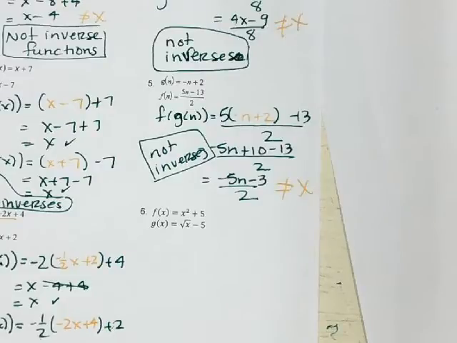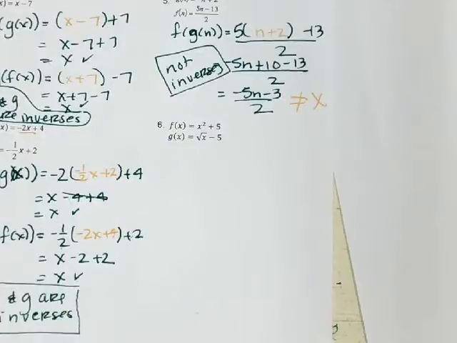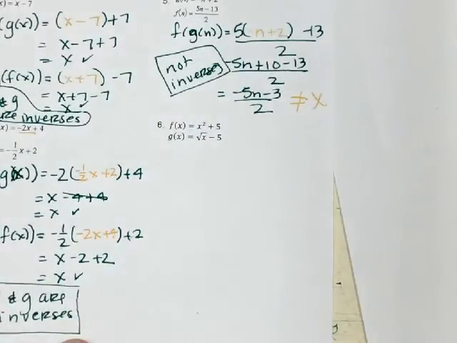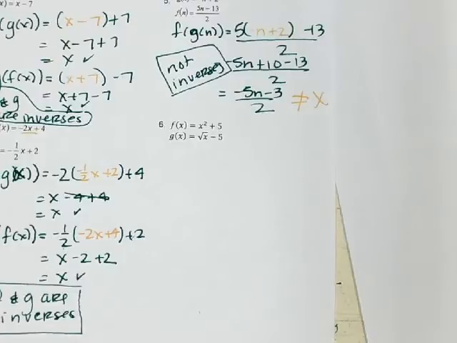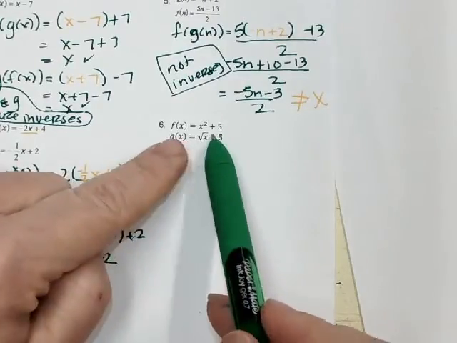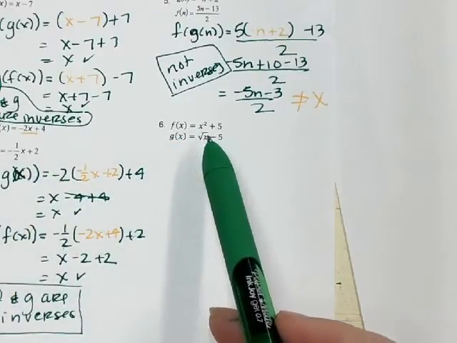And then the last one, number 6, I've got f of x is x squared plus 5, g of x is the square root of x minus 5. I'm looking ahead, and this is what you'll get more comfortable with. If I do this into here, then I'm going to have to square that. I'm going to have to do x minus 5 times x minus 5.